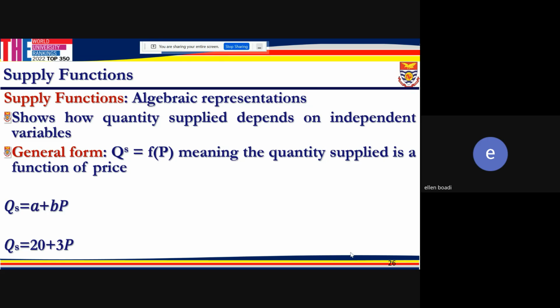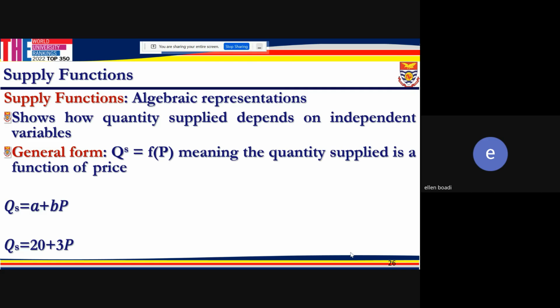In the same way, for autonomous supply, there may be other factors. We'll look at that later and see that there may be other factors that will influence supply apart from the price of the commodity. So all these other factors, when you put them together, you get the autonomous supply. But when we are looking at the supply function, we want to simplify the analysis and look at the relationship between the price of the commodity and the quantity supplied.